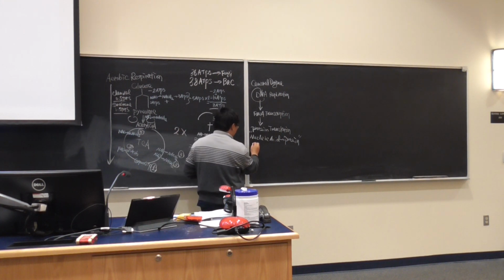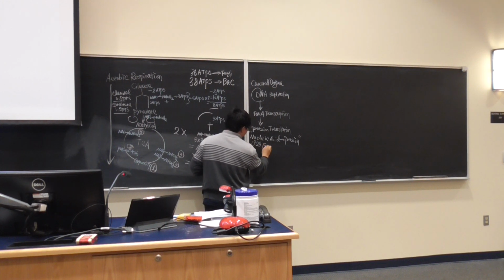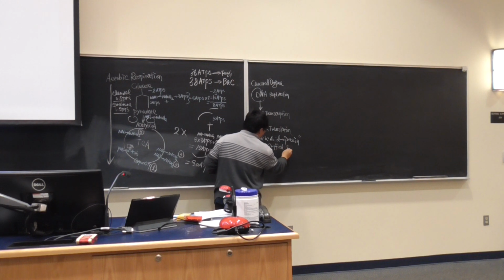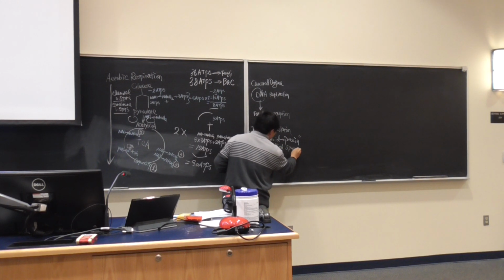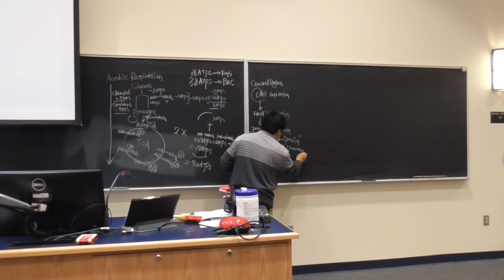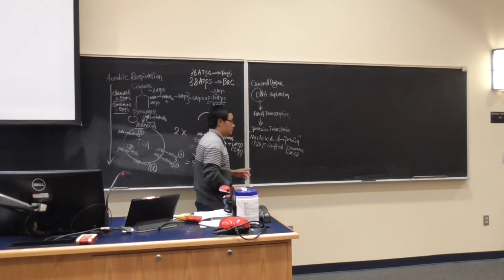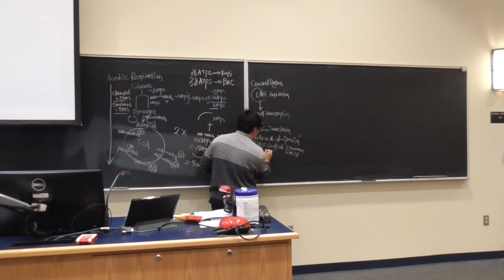If you still remember, we talked about 1928, F. Griffith, the Streptococcus pneumoniae in mice study. This tells us there is some genetic information there.